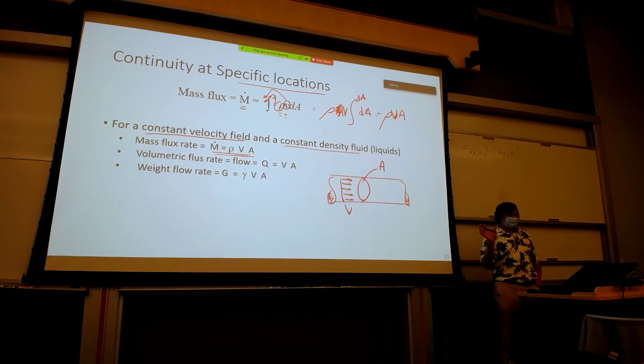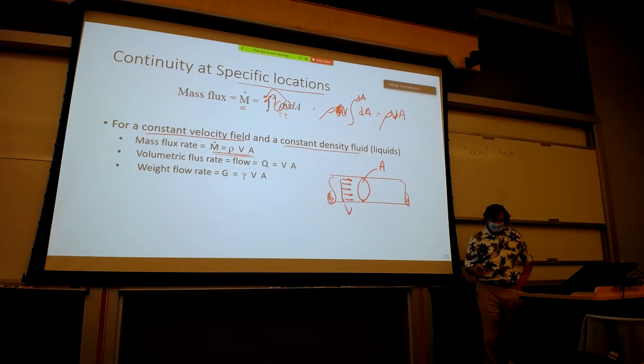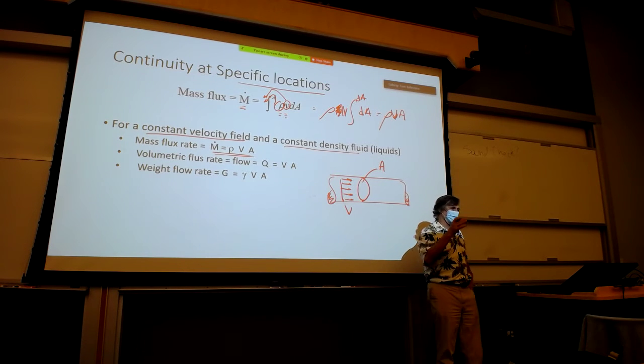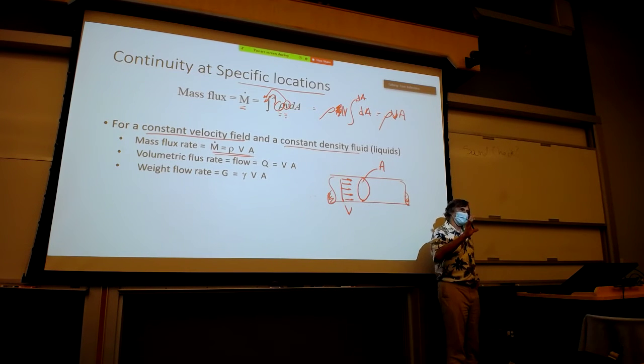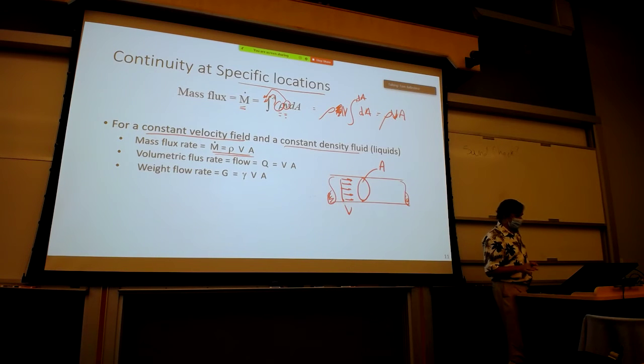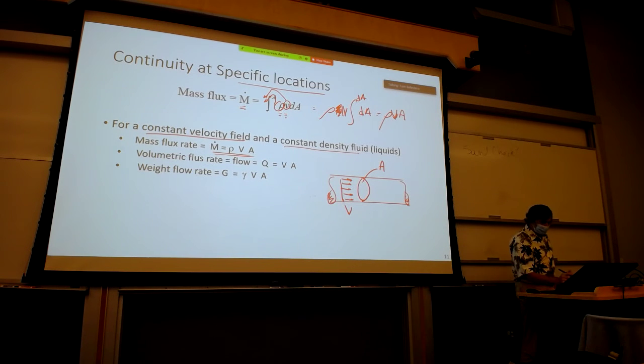It's all across the cross-section constant. And again, in one of your labs, you're going to see this isn't true. But again, this is just a very simple assumption. What we call this one-dimensional velocity vector would be the average velocity.